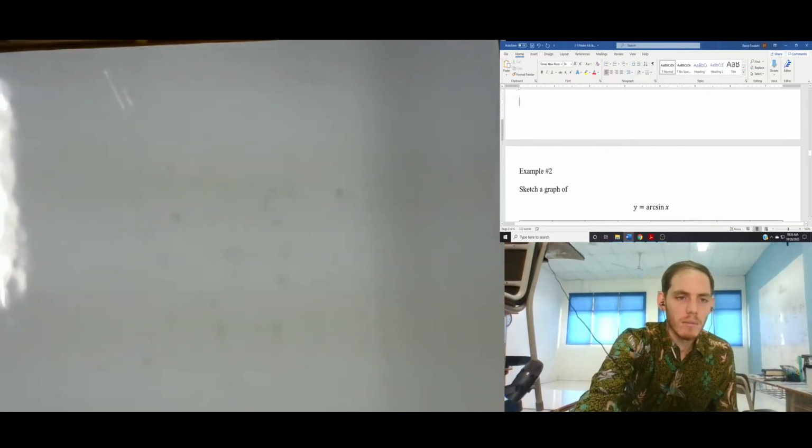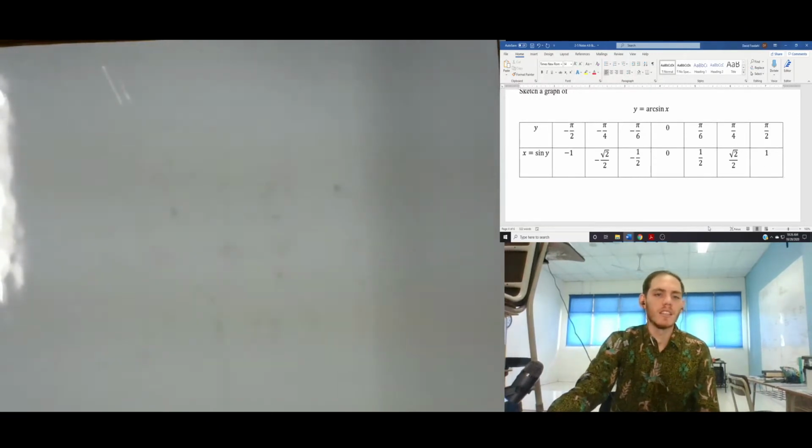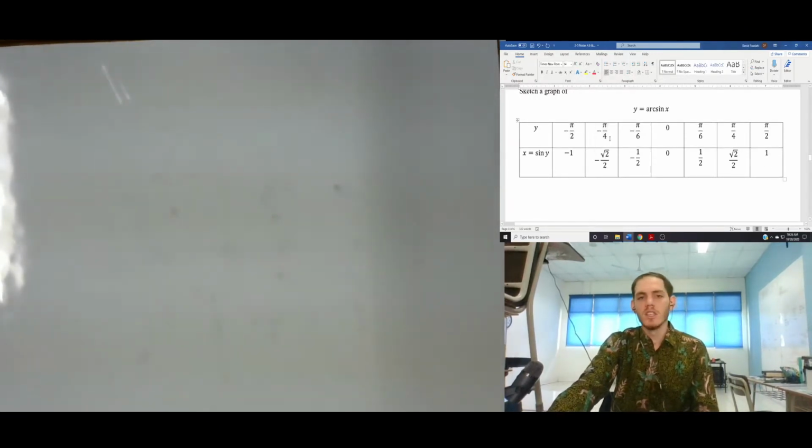Okay, sketching the graph. If you plug in pi over 2 for y, sine of y is going to give us this x, so arc sine of x. So y is going to equal arc sine of x.